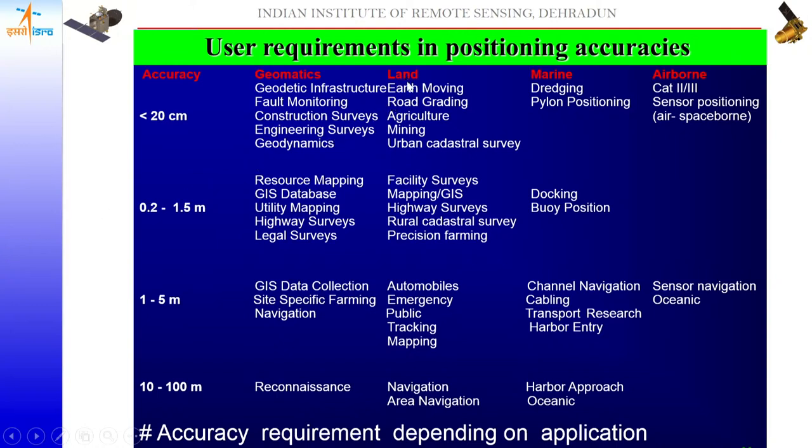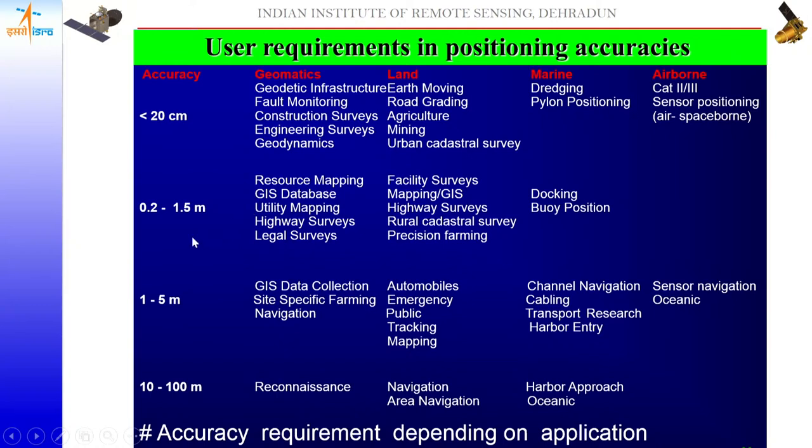On land, you can see earth moving, road grading, agriculture, mining, urban cadastral survey. All this requires less than 20 centimeter survey accuracy. Then marine, here you can do dredging, pylon positioning, then airborne sensor positioning. All this requires less than 30 centimeter accuracy.